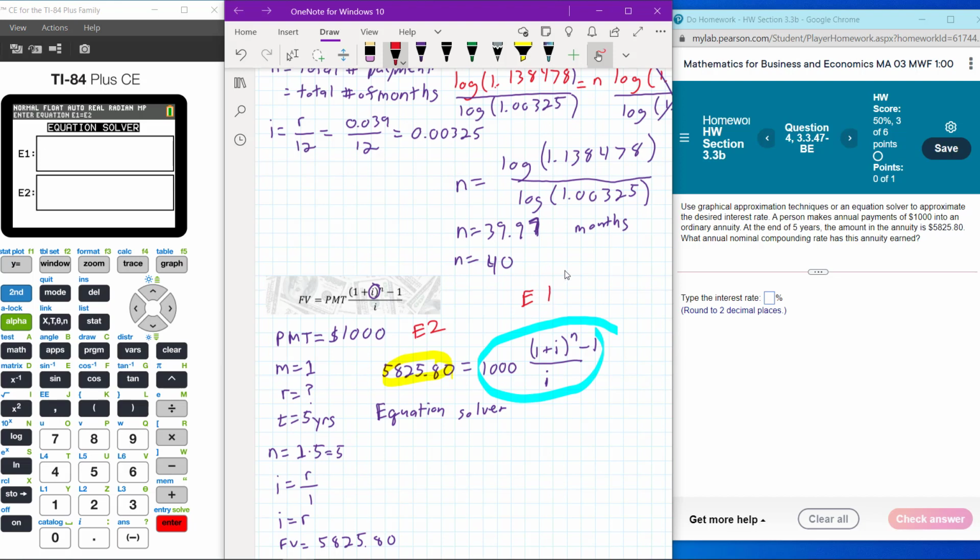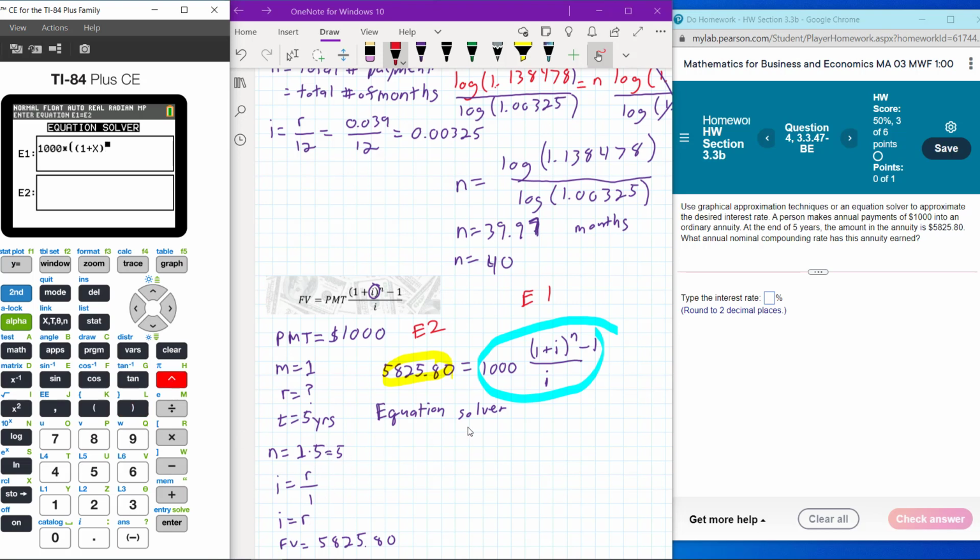So let's go ahead and do that. And when we put this into E1, instead of using I, we are going to use this button for X. What do we have? We are going to have 1,000 times, and we're going to need to use parentheses twice, 1 plus X for I, close the parenthesis. And what is n? Well, we forgot to put what n is.